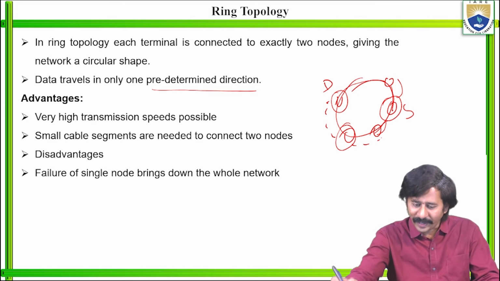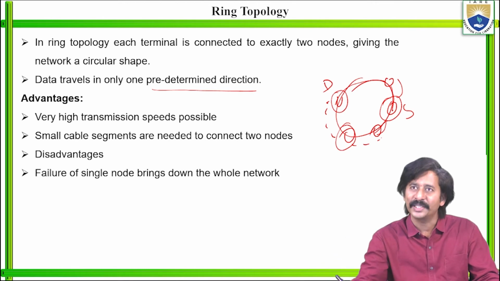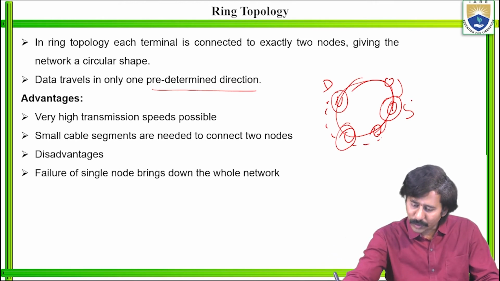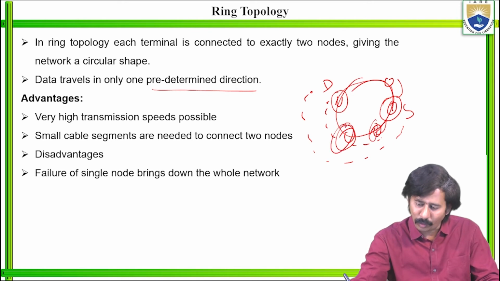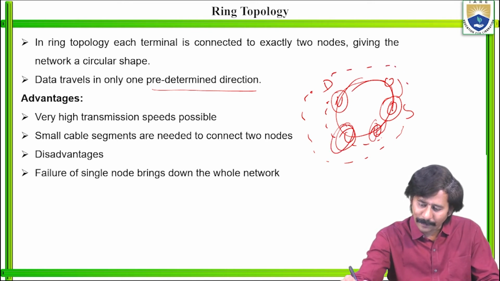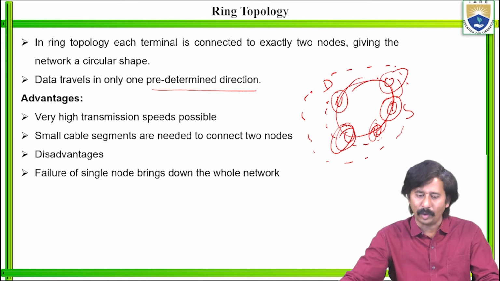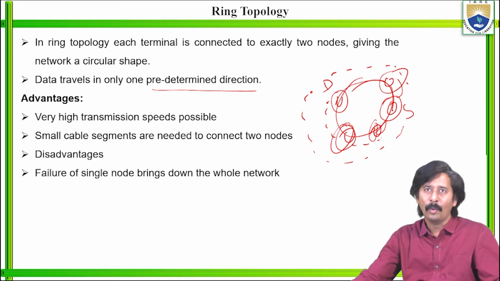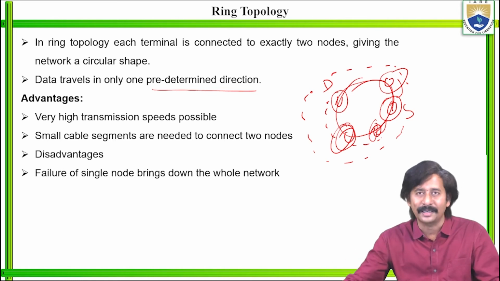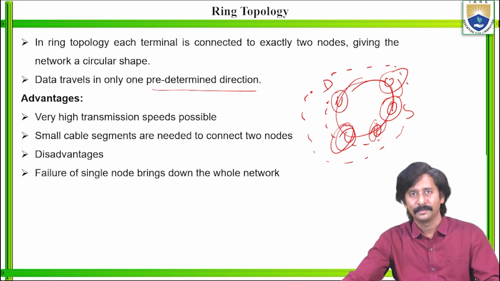I need to fix the direction in which my data is transmitted to the destination node. Either one way I need to transmit like this, which means I need to traverse all the nodes in between. For example, I can choose this particular path, then I need to traverse only one node. So, when compared to the previous topologies, the ring topology has one predetermined direction for data transmitting.